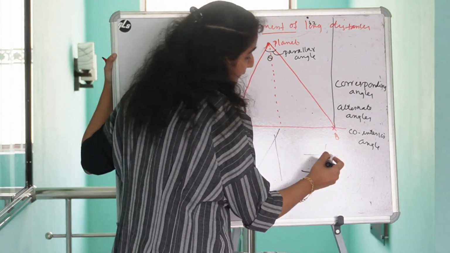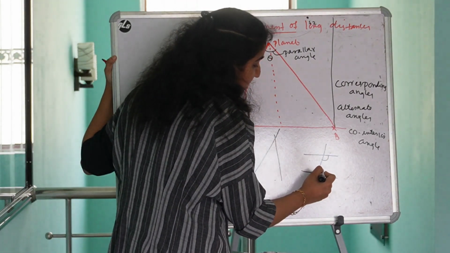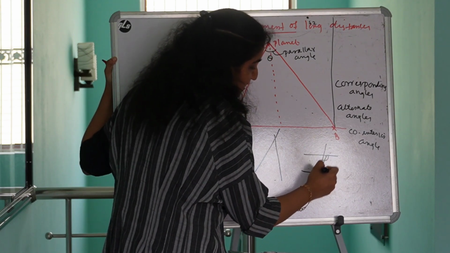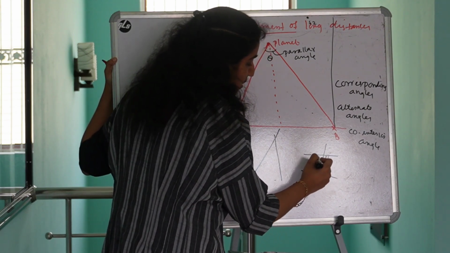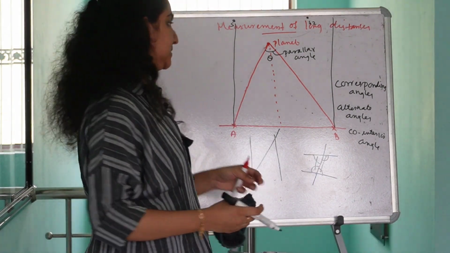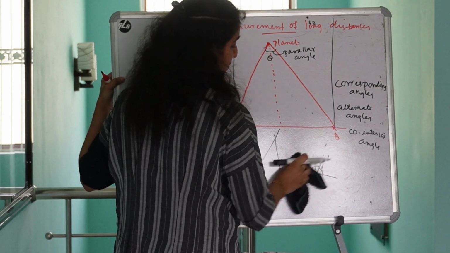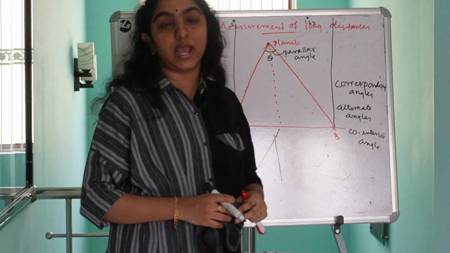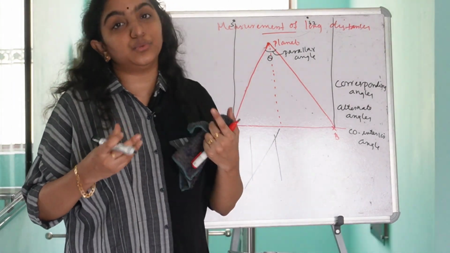When the angle is formed at the same side of the transversal, either these two angles or these two angles are known as co-interior angles. Is it clear? Yes.